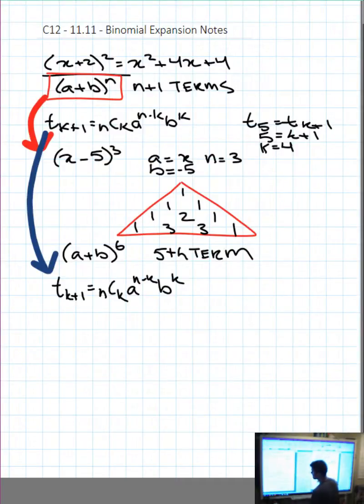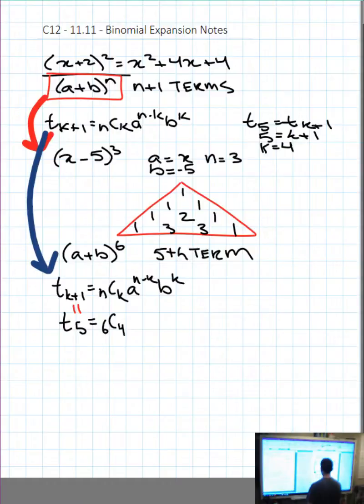And then I can expand that. I'm looking for the 5th term, so t5. And from above, I'm going to remember k is always 1 less than the term number. So if I know k + 1 is equal to 5, I know k is 4. The rest of the formula: n from above is simply 6. N is the exponent from the general formula. So 6Ck, and we've just established k is 4.